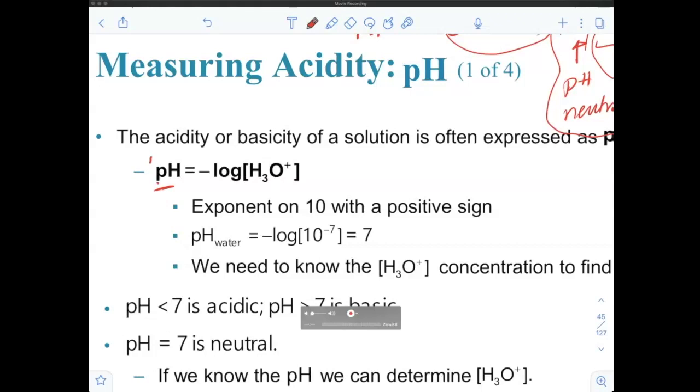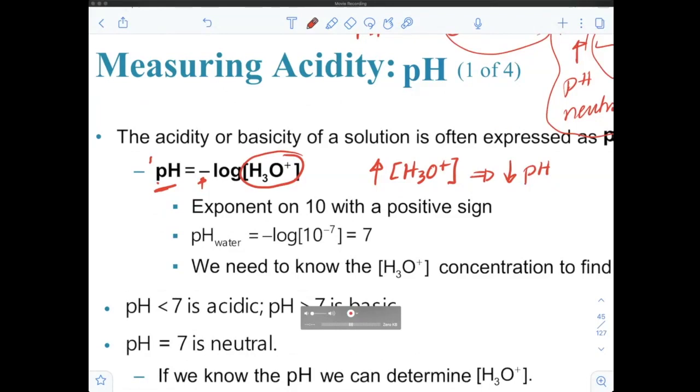With that being the case, there's an inverse relationship. The higher the hydronium ion, the lower the pH. When the hydronium ion is large, the pH value is small. That is why we say a pH that's less than 7 is actually an acid.